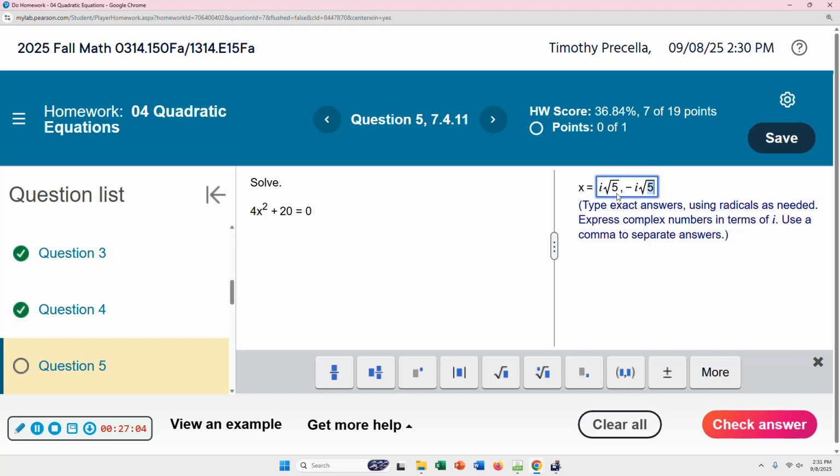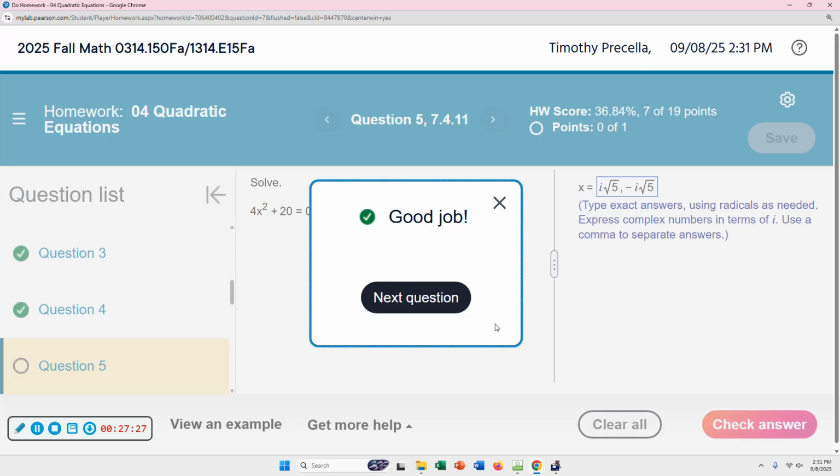Sometimes students say it counted it wrong because I put plus minus. No, it didn't. It counted it wrong for something else. It doesn't count it wrong for using the plus minus key. What might count it wrong is if this comma were under that square root.